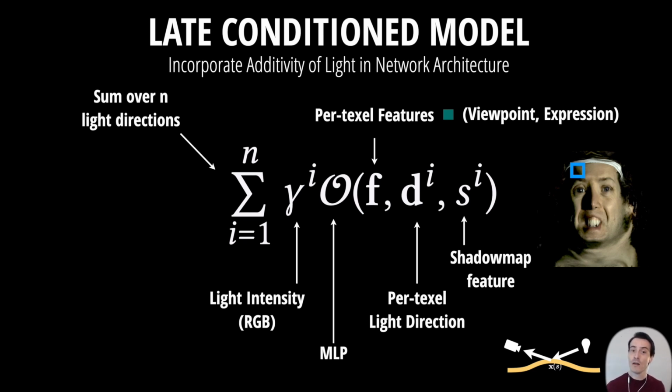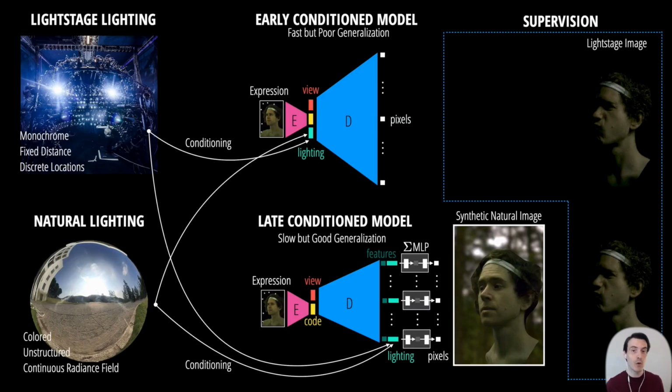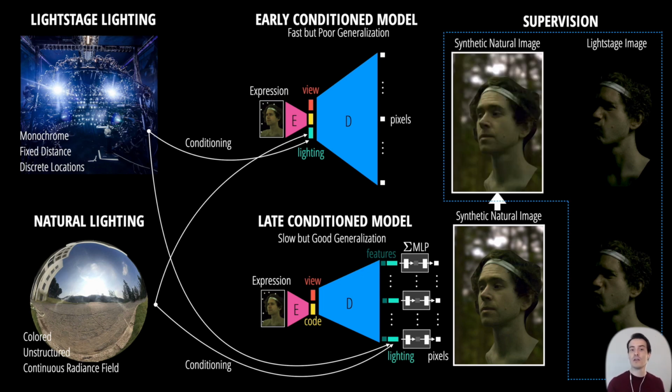And this works well, but the only problem is that because we are summing over all of these light directions, this late condition model is very slow to evaluate on environmental illuminations. So instead, what we can do is use this late condition model as a teacher network to produce synthetic images under these natural environments, and use these to train the early condition model, which is very fast to evaluate.